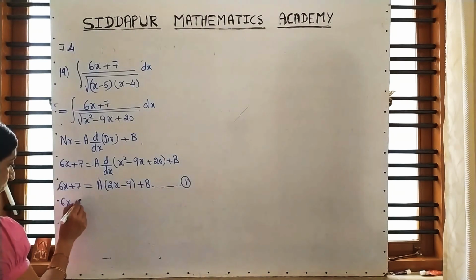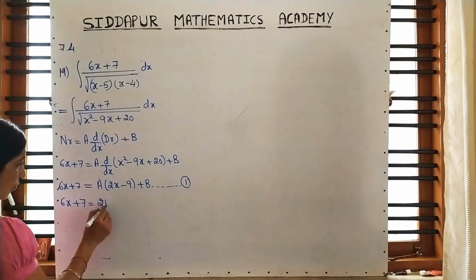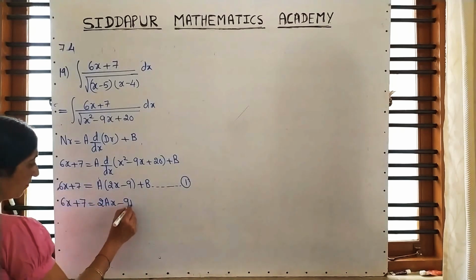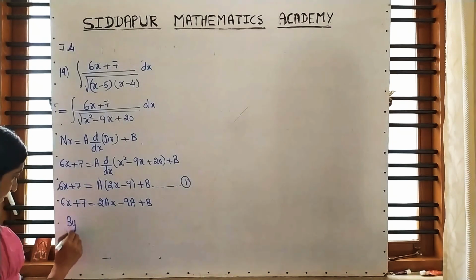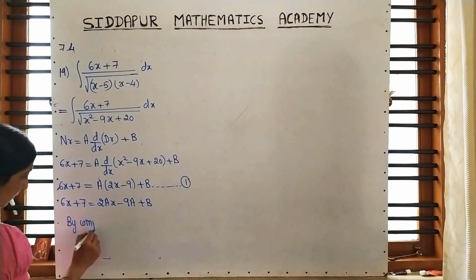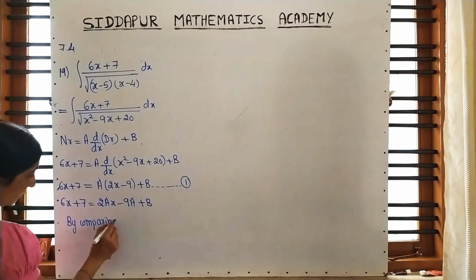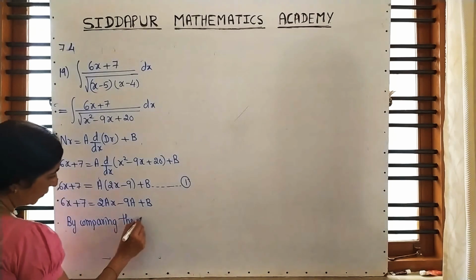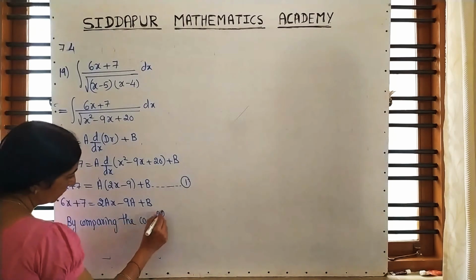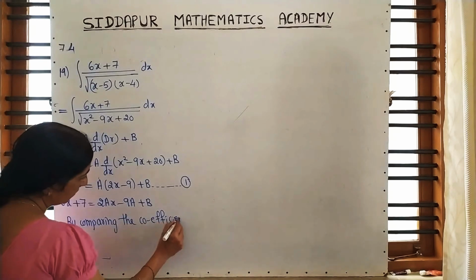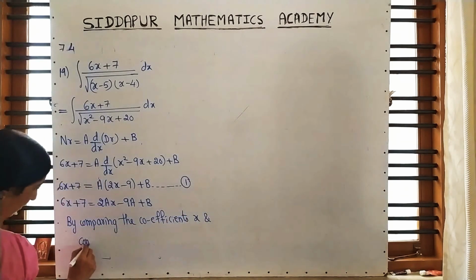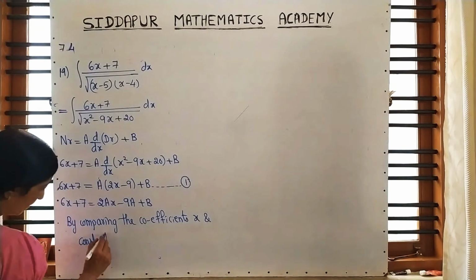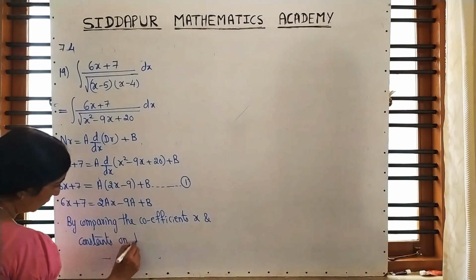Now 6x plus 7 is equal to 2ax minus 9a plus b. By comparing the coefficients of x and constants on both the sides.